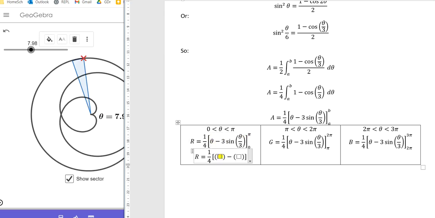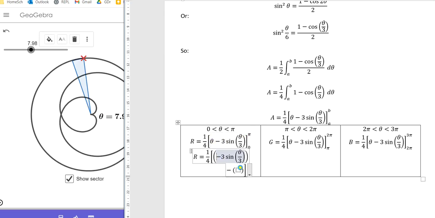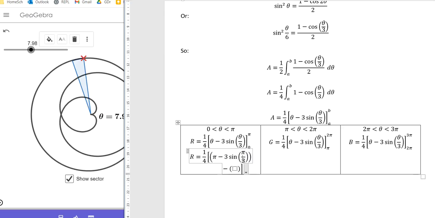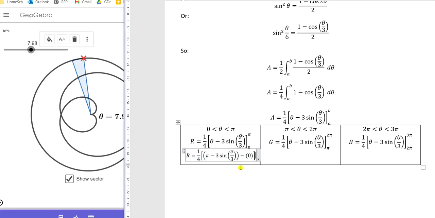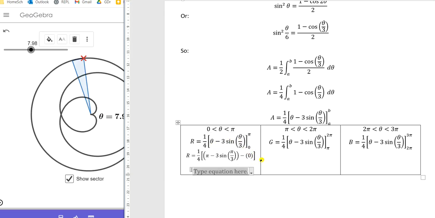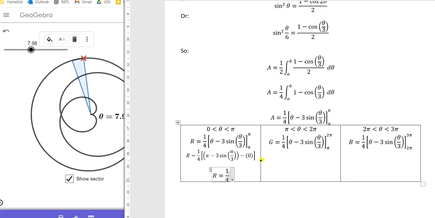So if I get this stuff and I put pi into it, I will have 3 sine pi by 3. But if I sub in 0 into the other one, I'm just going to get a 0. It's small enough to see. Because I get 0 for that bit, and sine of 0 over 3 is still 0. So that makes things a bit nicer here. You get a quarter of pi minus 3 sine pi by 3.